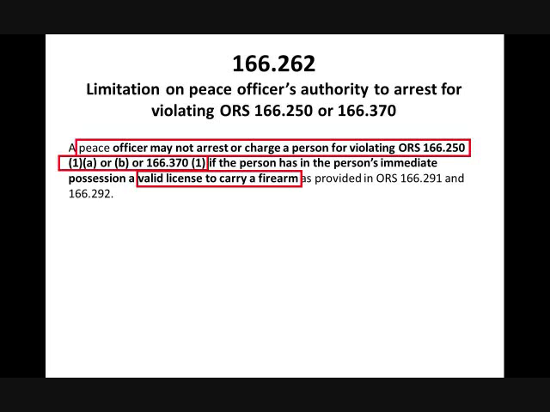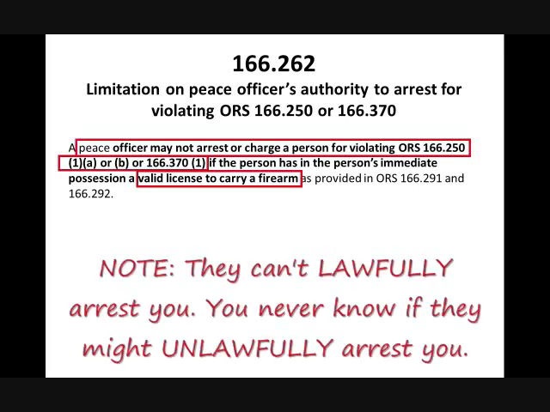So, if you've got a CHL, the police cannot arrest you for a violation of 166.250 or 370, and that's unlawful possession of a firearm under 250. And 370 we'll get into in the next section.